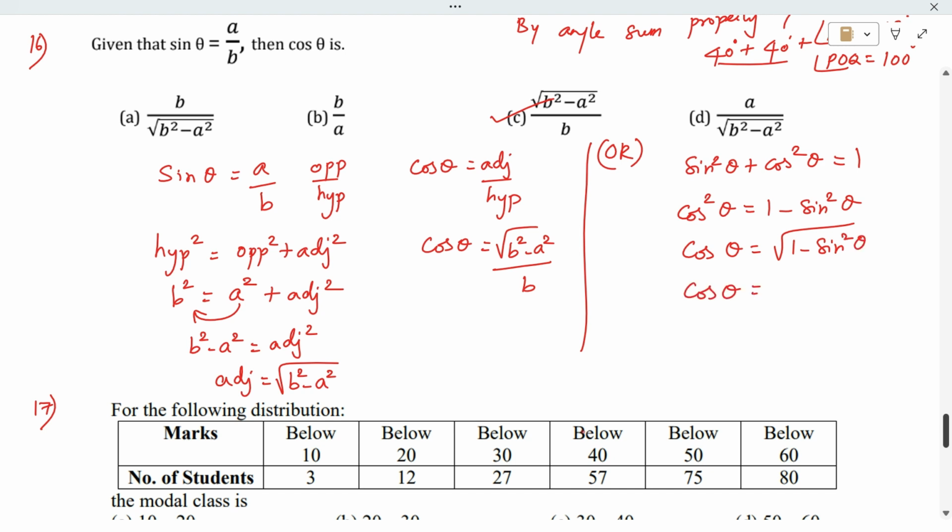Cos theta is equal to root of 1 minus, what is sine theta? A by b. Sine square theta will be a by b the whole square. That is equal to root of 1 minus a square by b square. If you simplify, you will get b square minus a square by b square. If you take b square outside the square root, you will get root of b square minus a square by b, which is option C.